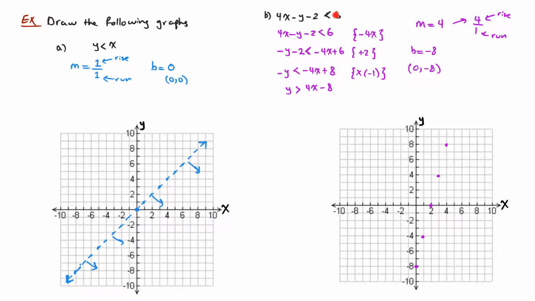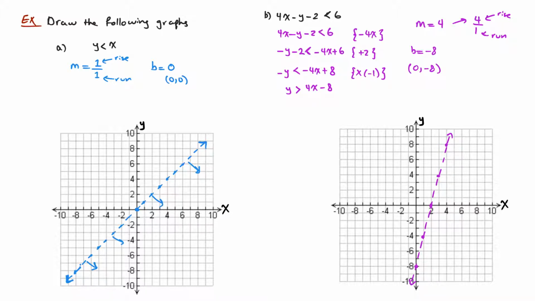In this case, it's just larger. So when it's just larger, I can't use solid lines, I have to use dashed lines. So I will do that right now. And put my arrows.